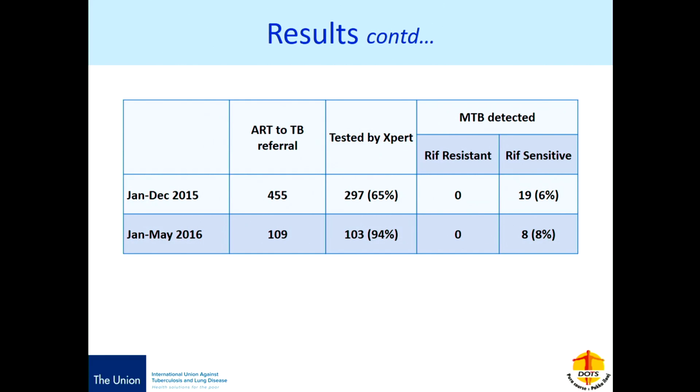As I mentioned earlier, in 2015, this is 12-month data, January to December, 455 referrals were there from the ART center for accessing TB services. However, 65% were tested by expert and 6% were detected for MTB.